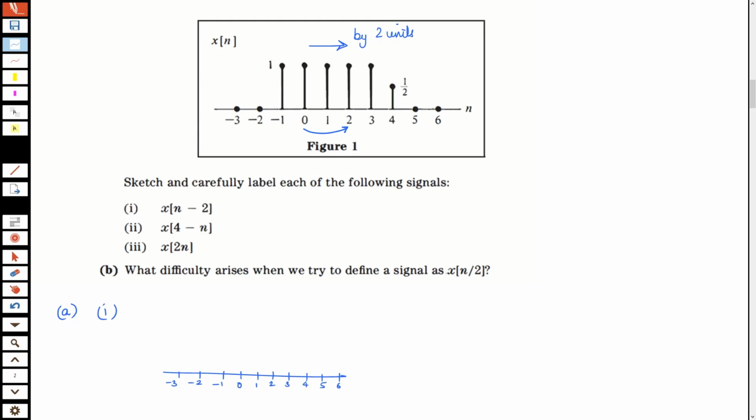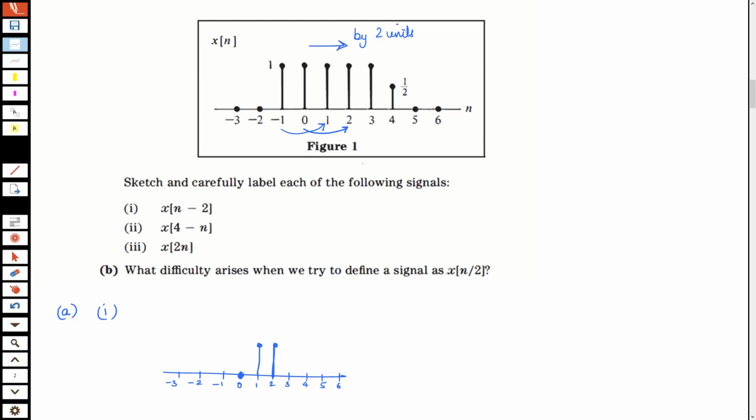What was at 0? A value of 1, that goes now to 2, right? Whatever was at minus 2 now goes to 0. What was at minus 2? 0 was at minus 2. No signal, right? Minus 1 would go to minus 1 plus 2, that is 1. That means this would have translated to this point.